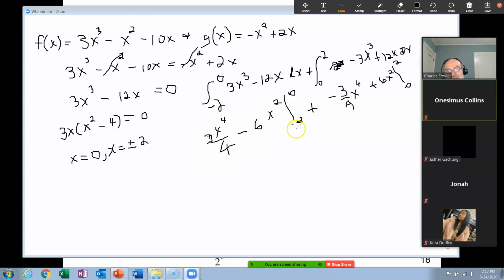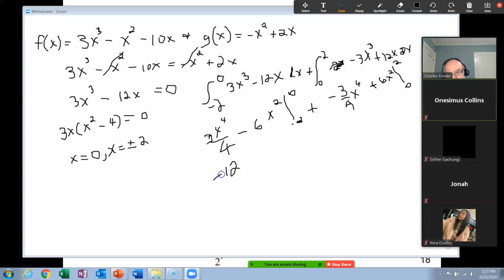Then minus, when you plug in a minus 2 here, 2 to the 4th power is 16. Negative 2 to the 4th power is still 16. Divided by 4 would be 4. Times 3 would be 12. And, okay, wait a minute.